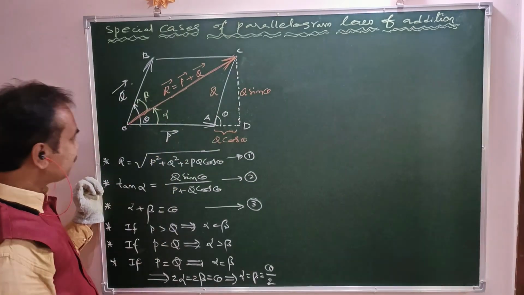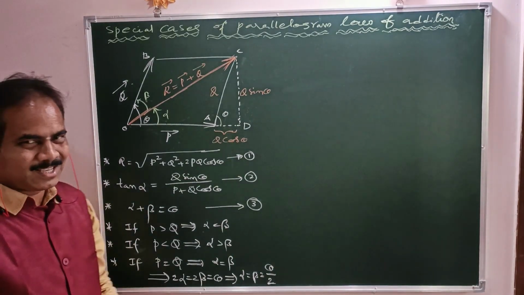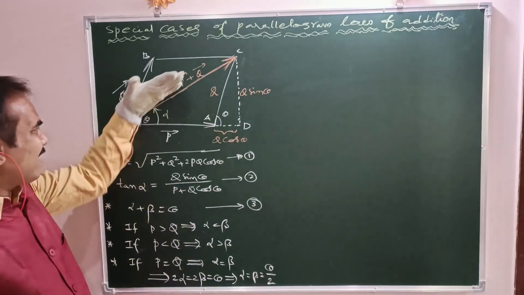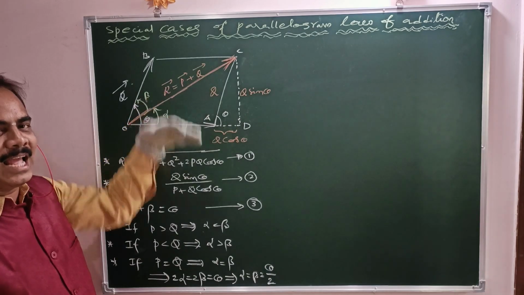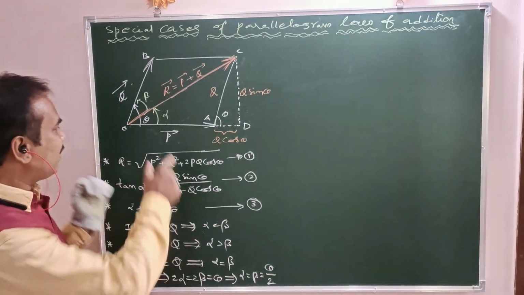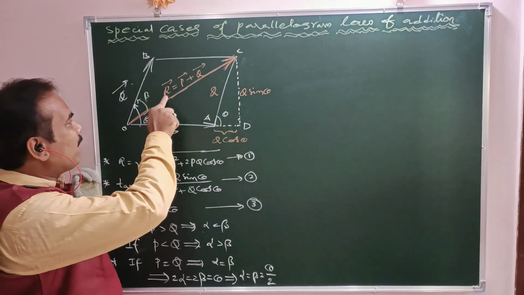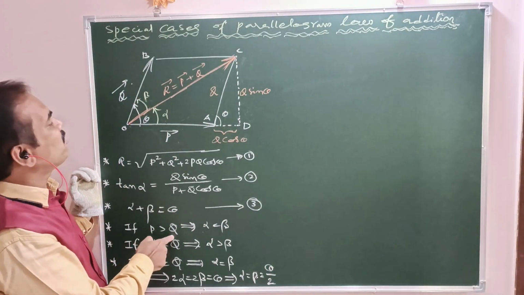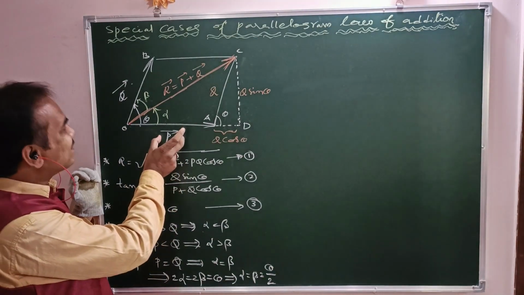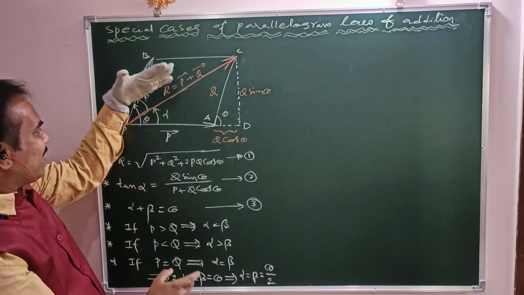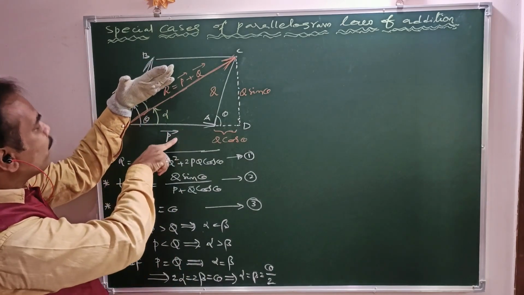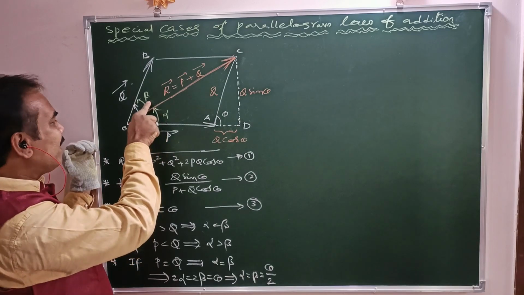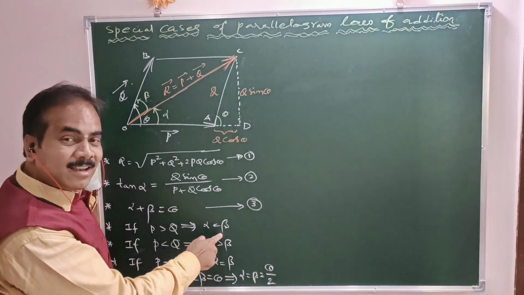As I told you in the previous lecture, the resultant is always close to the vector having greater magnitude. See, r bar equals p bar plus q bar. If mod p bar is greater than mod q bar, the resultant is close to p bar, which implies alpha is less than beta.